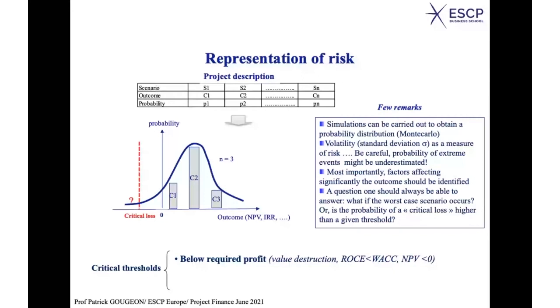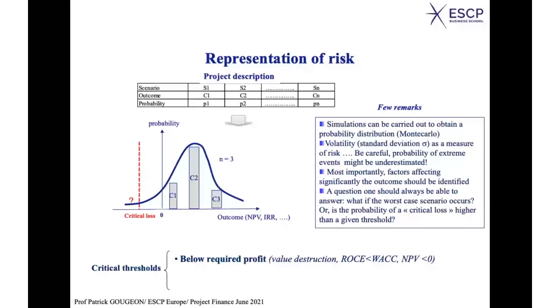How to calculate a fair return, you know how to do it. You know about the CAPM, the capital asset pricing model. You can use the risk-free rate, the risk premium, and all that. You know the story. So if you have a return which is below the expected return of shareholders, or in other words, if you have a return on capital employed or an internal rate of return which is lower than the WACC, which would mean that the NPV also would be negative, then, as we say, you destroy value.